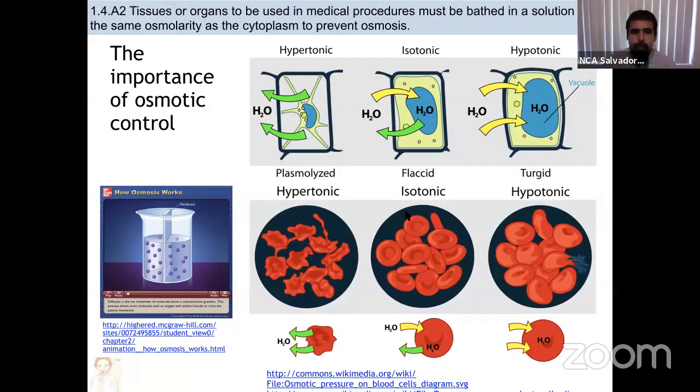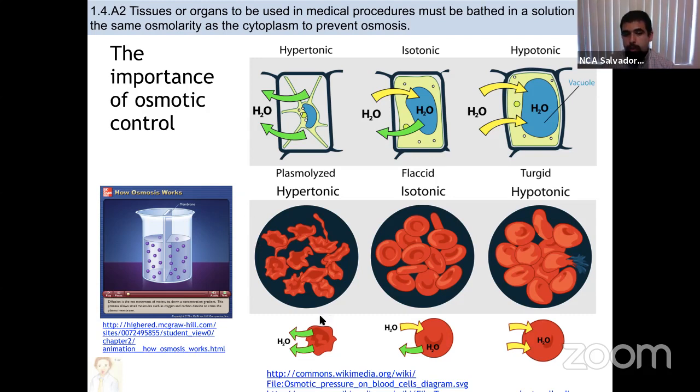So here you guys can kind of look at this. You have three different types of osmotic control, and this is very crucial. If you have a hypertonic solution, you're going to have water coming out, and that causes the cell to shrink.